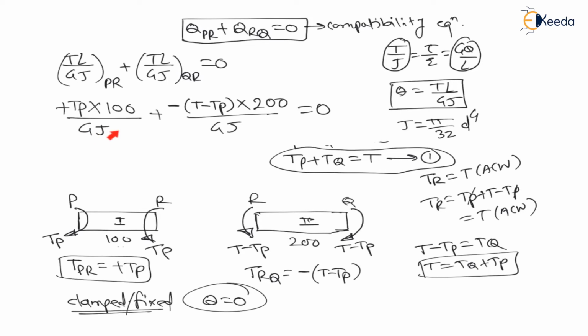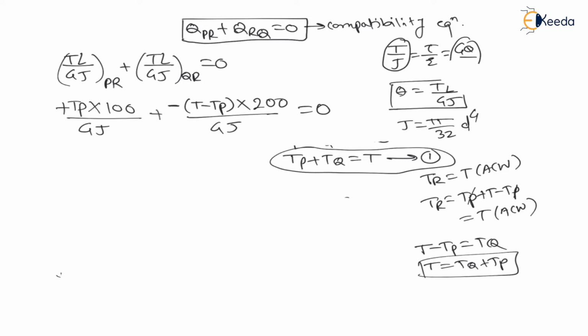Now, this GJ is common, and multiplying with 0 gives 0, so GJ gets cancelled.